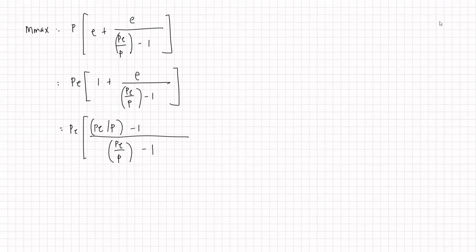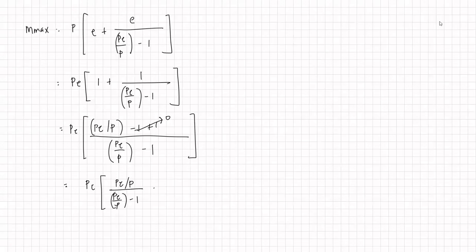minus 1. This is no longer E. This is 1 na to. Okay. Plus 1. and then this will be 0. So we have PE. So that is PE over P over PE over P minus 1.